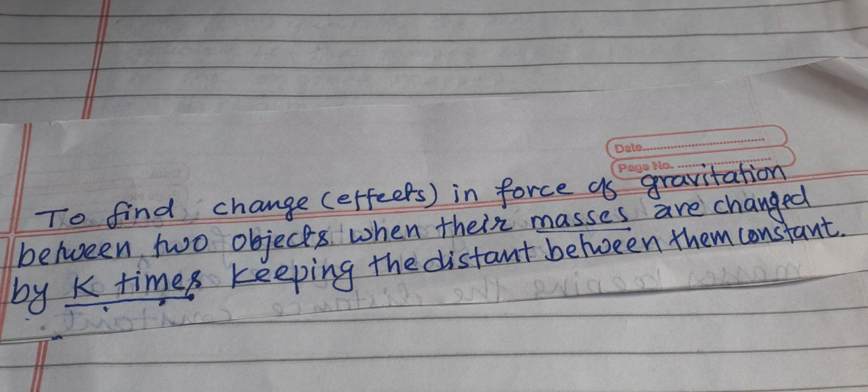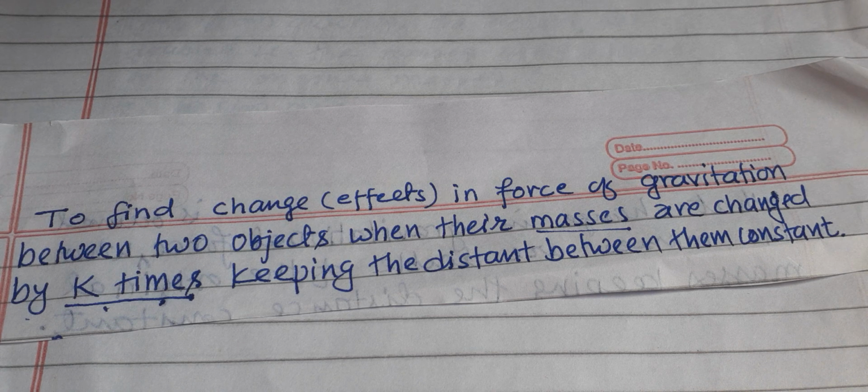So, you know that the force of gravitation depends on the mass and the distance. As masses increase, the force of gravitation also increases. But when the distance increases, the force of gravitation decreases.